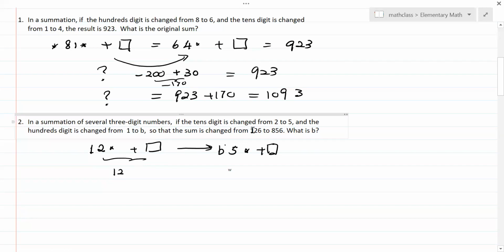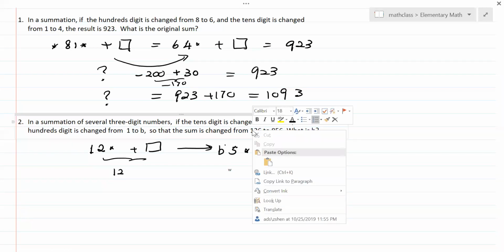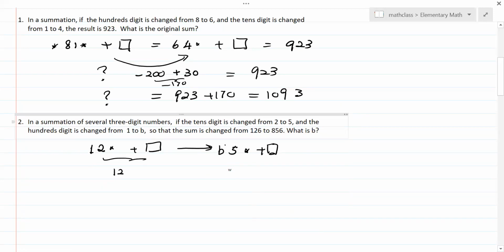It's 226, because otherwise this cannot be 100, since it's the sum of at least two 3-digit numbers, so 1 plus 1 is at least 2. Okay, then it's correct. So the sum changes from 226 all the way to 856.